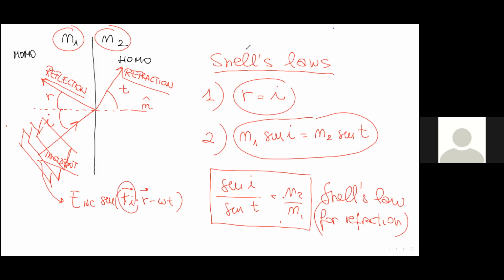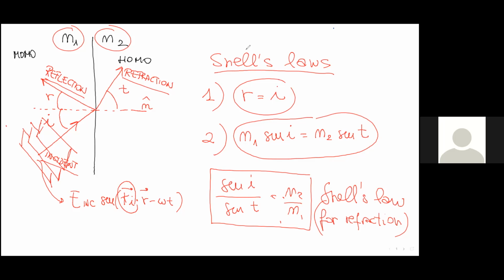Instead of k1, you will have kR, k reflected. And the transmitted wave will be written the same way. By applying the continuity of the field at the interface in electromagnetics, you work out this expression here, but we don't do it.